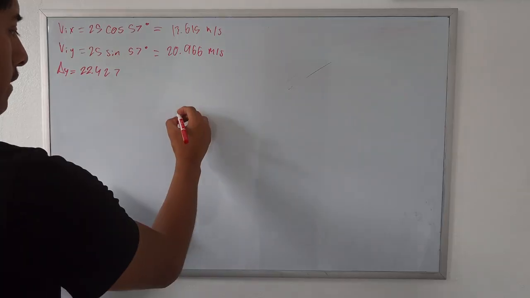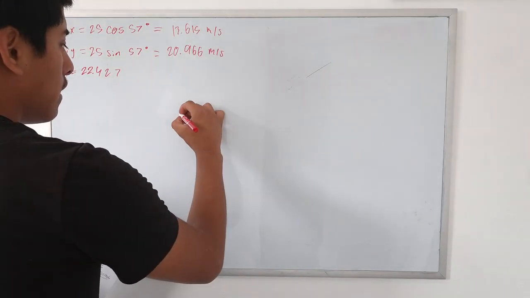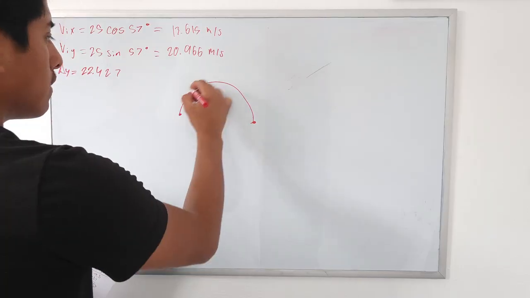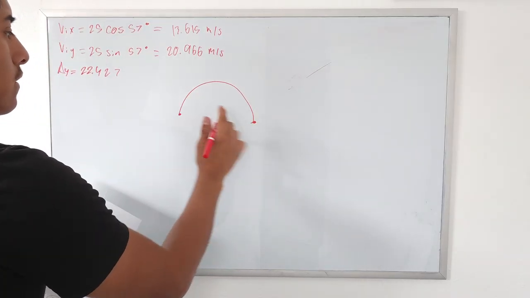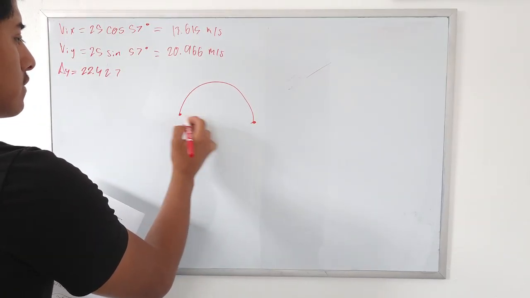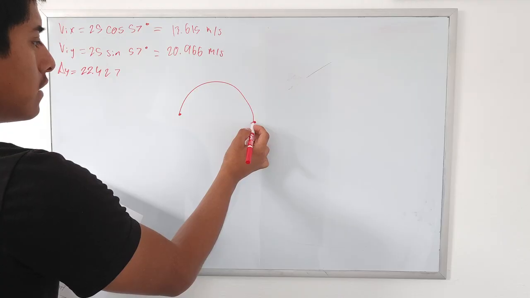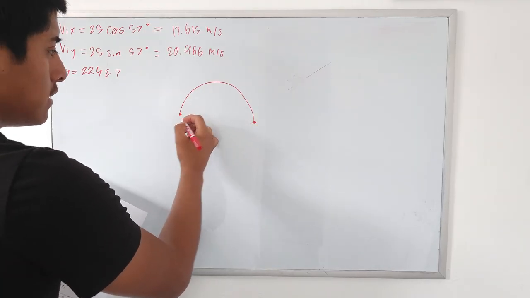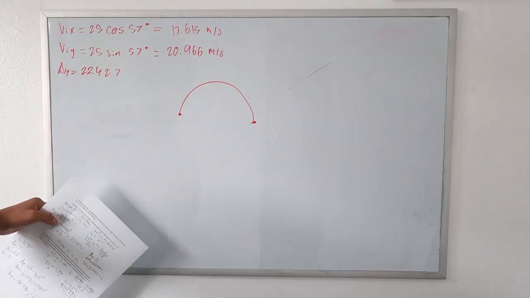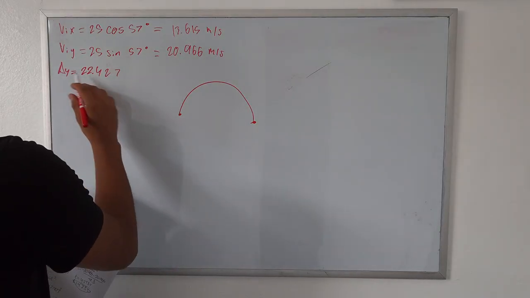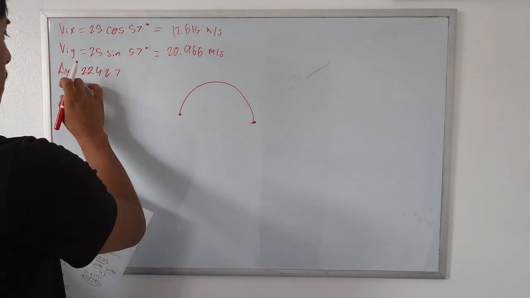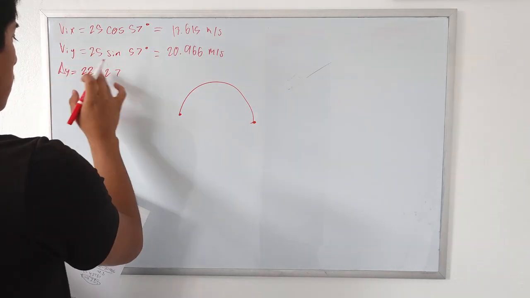Since it's starting here and then going like that, the final velocity here is just going to be the same as the initial velocity but in the opposite direction.